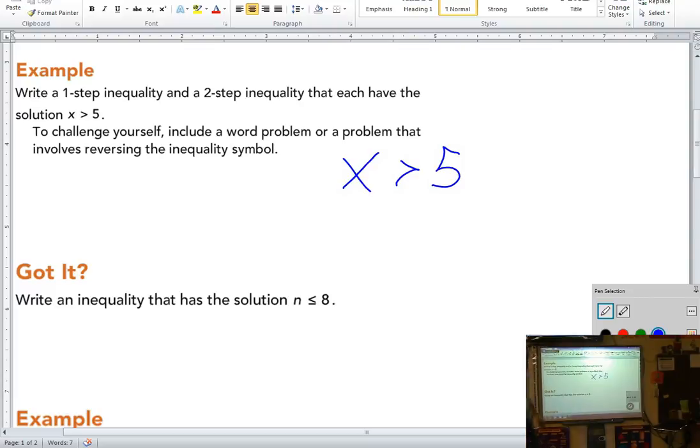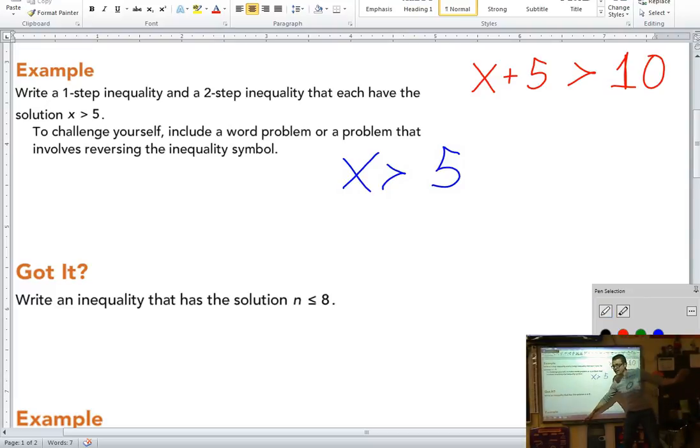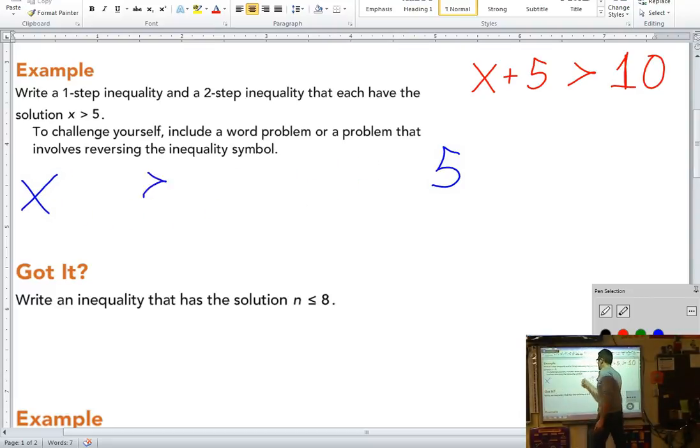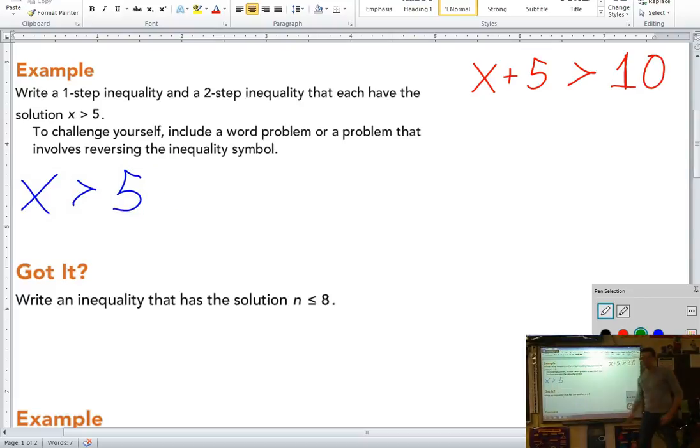So if I add 5 first, I have x plus 5, and then 5 plus 5, greater than 10. You all with me? We just did the addition step first. But now if I jumped over to Manasa, and she told me to multiply by 9, here's where this is dangerous.